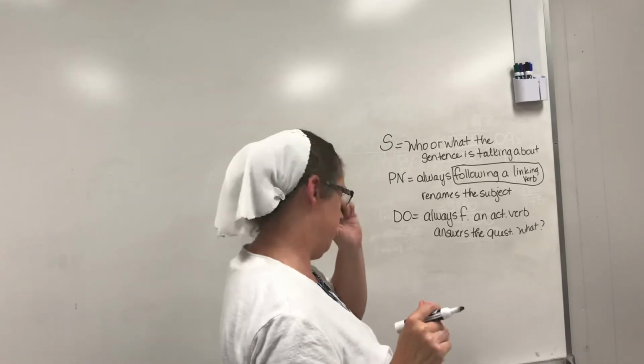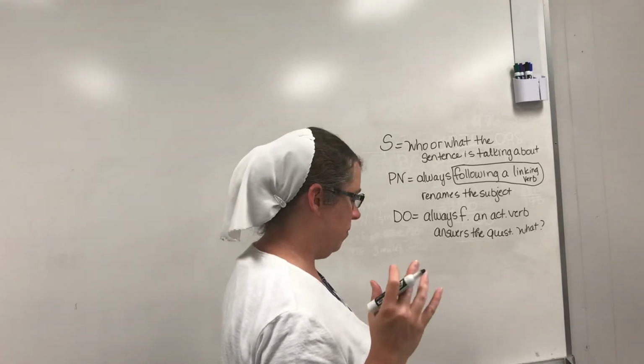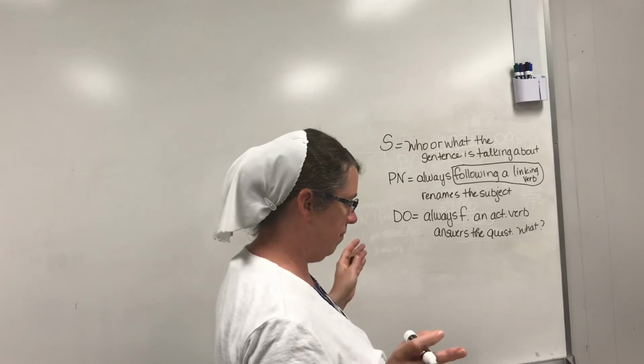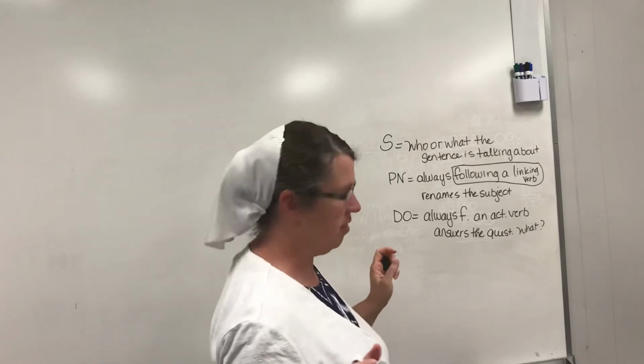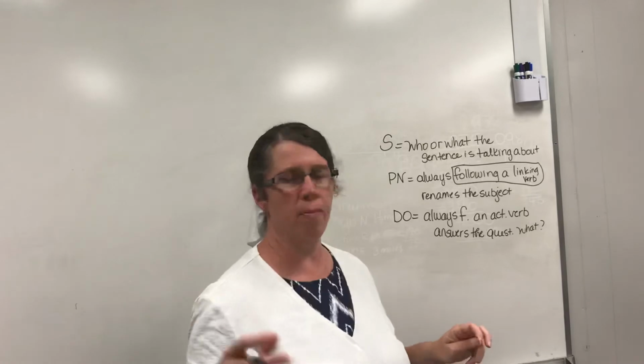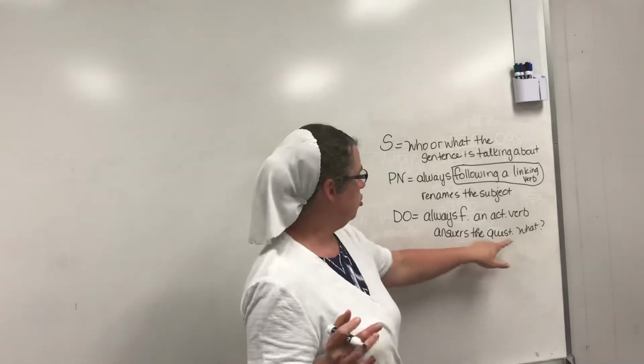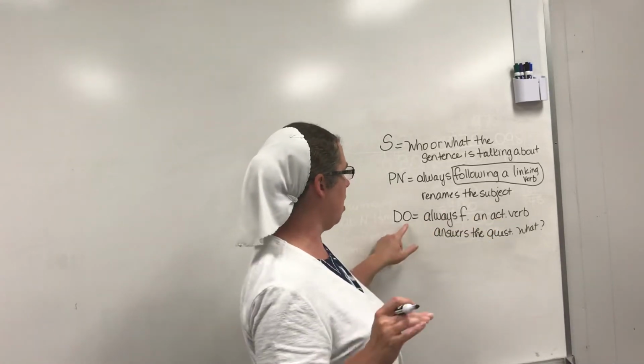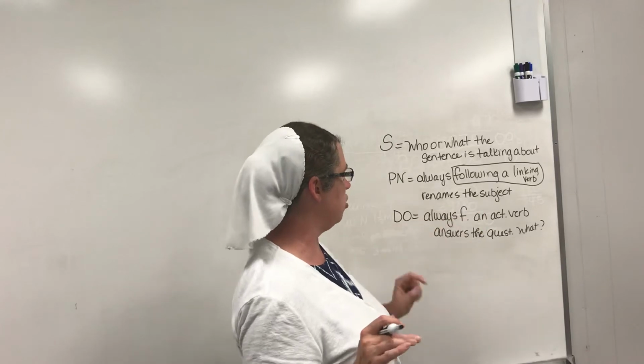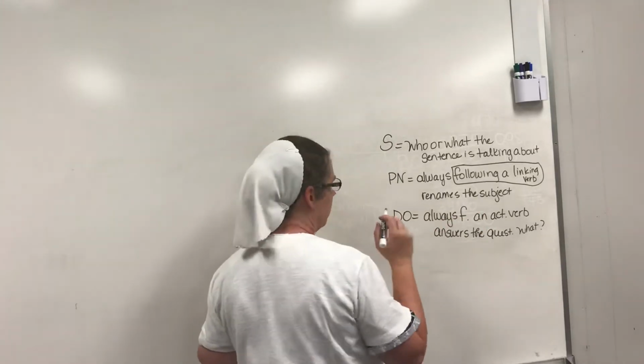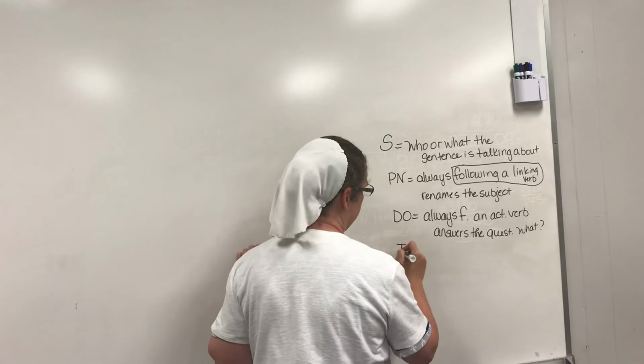Let me think. The dog jumped the fence. The dog jumped what? Jumped is an action verb. Direct objects always follow an action verb to answer the question, what? Fence is your direct object.